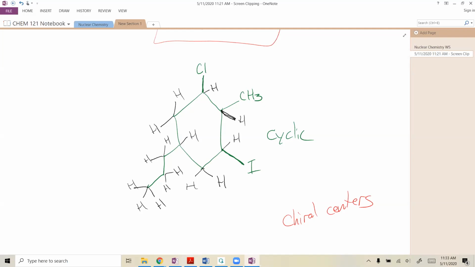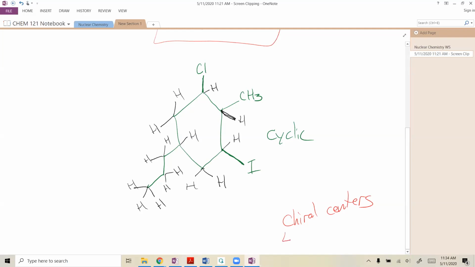So does anyone remember what we need for that individual carbon to be a chiral center? Does it have to be symmetrical? It's not going to be symmetrical. It's going to be asymmetrical.